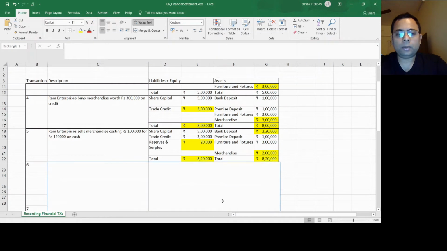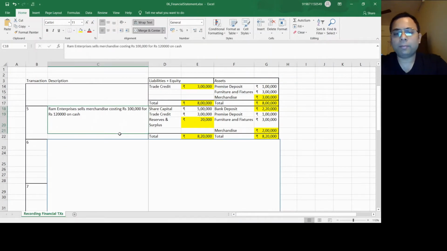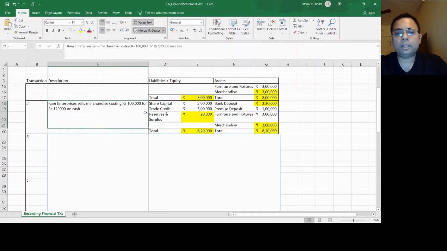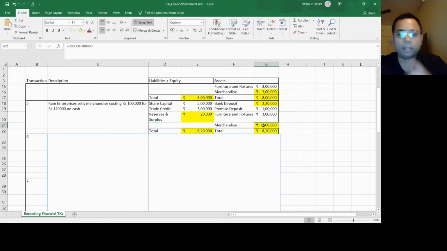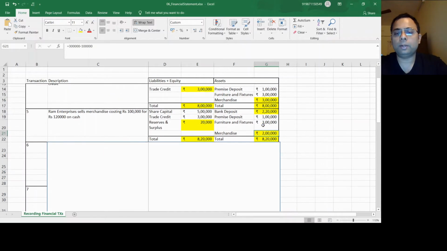Now, 1 lakh rupees of this merchandise, this material which has been bought, has been sold for 1,20,000 in cash. First, the merchandise reduces by 1 lakh rupees, from 3 lakhs to 2 lakhs.